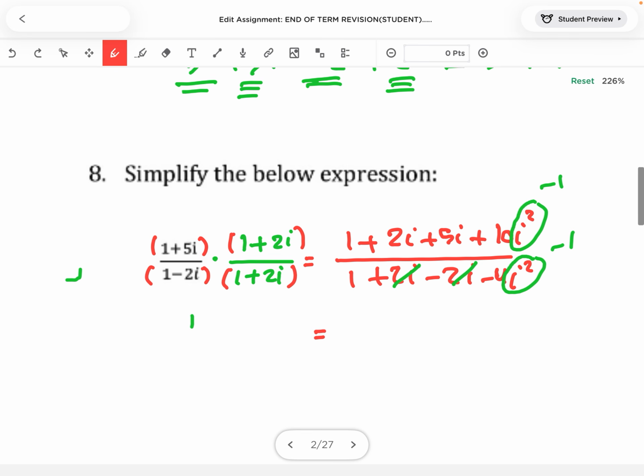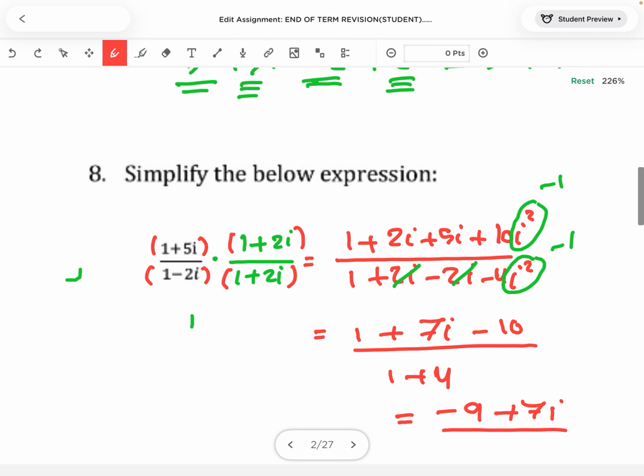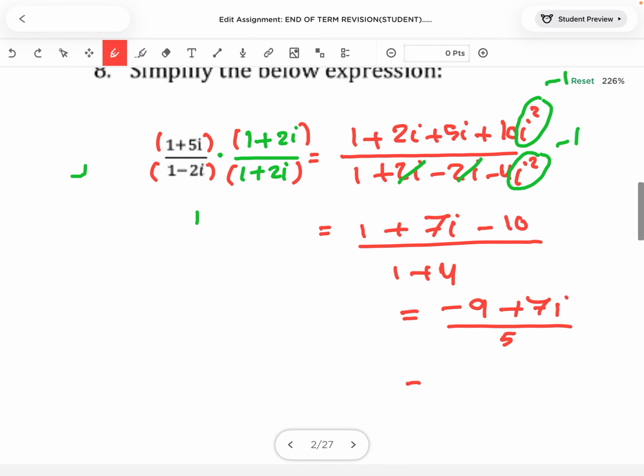So I have 1 plus 7i minus 10 over 1 plus 4. So it will be negative 9 plus 7i over 5. If you put it on calculator, you will see it in this form: negative 9 over 5 plus 7 over 5 i.